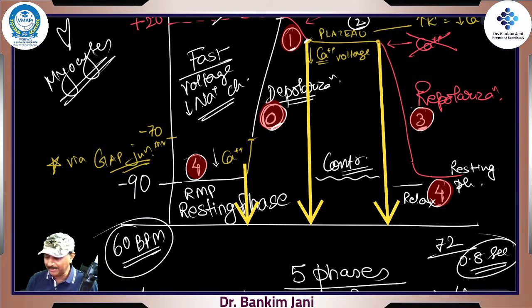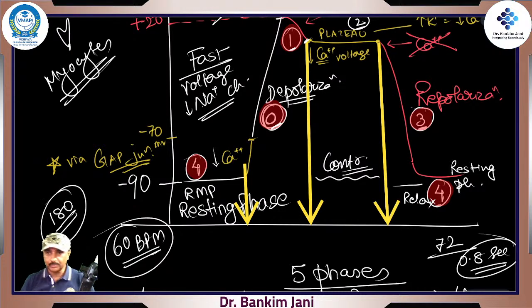Now we wonder, when we exercise and our heart rate goes to 180, that is just within 0.33 seconds, like 3 beats per second. So in 0.33 seconds, this entire process is complete.